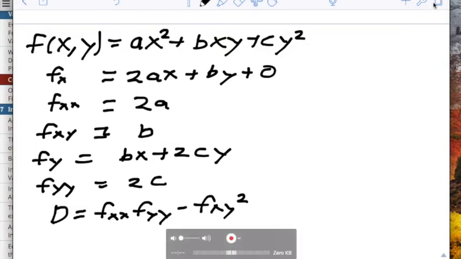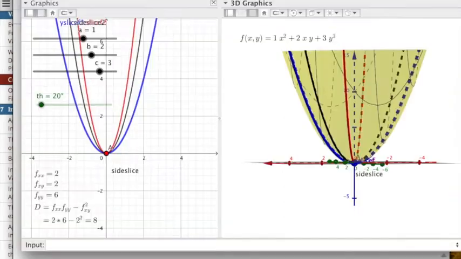In the case we had looked at earlier, we see that the second partial with respect to x is positive, the second partial with respect to y is positive, and the discriminant is positive. These two are the same sign, that makes the discriminant positive. So it acts like we have a positive second derivative in all directions. That's going to be a minimum.